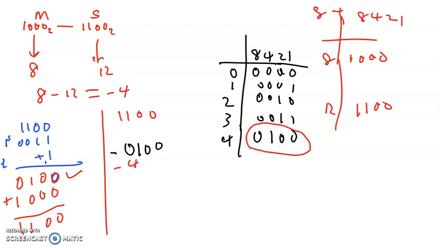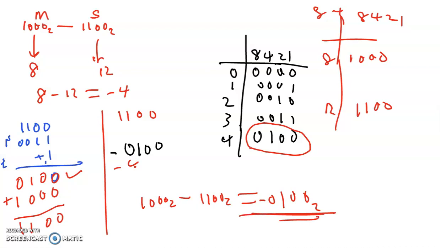So if you subtract 1, 1, 0, 0 from 1, 0, 0, 0, which is a binary number, it will give us 0, 1, 0, 0 but introduce negative, and this is what you will get as your final answer. This is how you can do arithmetic subtraction using 2's complement. But for you to find a 2's complement, you must find 1's complement before 2's complement.